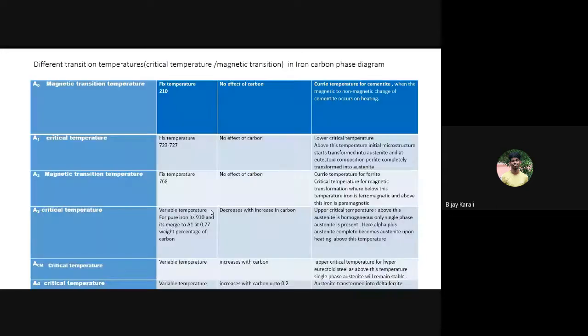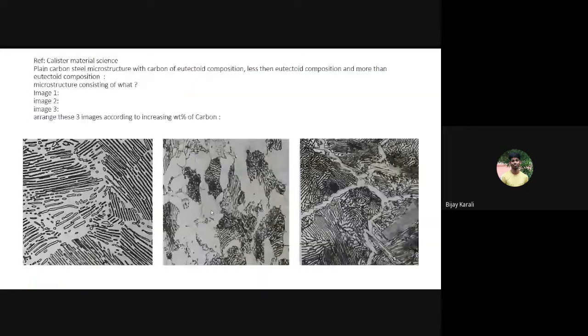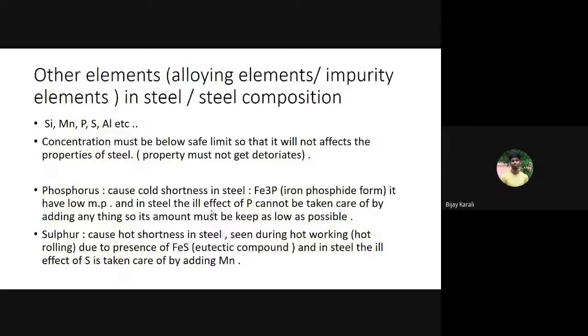Just look at the diagram. I will show you. Where is the iron carbide diagram? Just look at this diagram. This is the eutectoid temperature, and this is the eutectoid composition. And you have a hypoeutectoid steel. So you have to heat the steel up to or above.